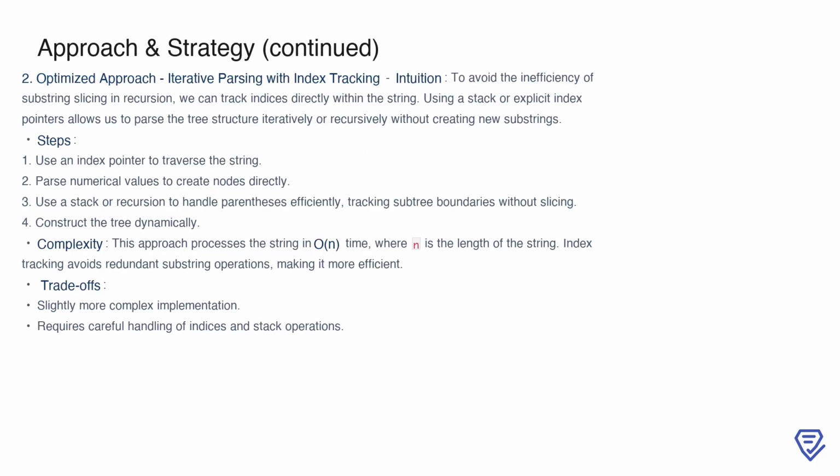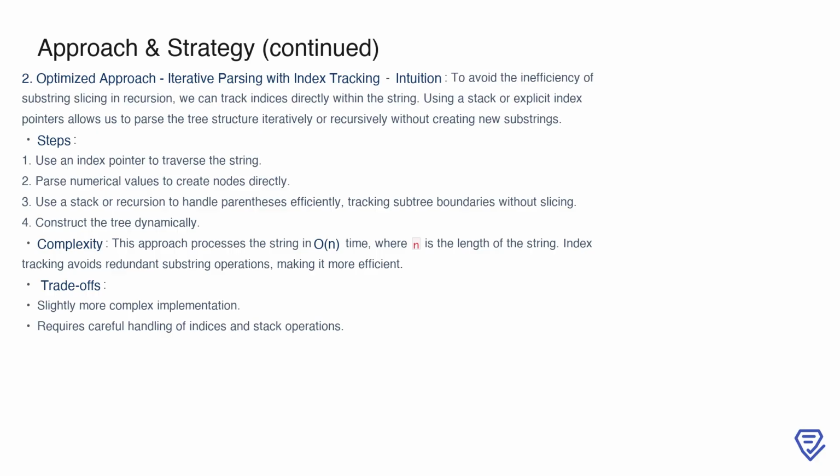An optimized approach addresses the inefficiencies of the brute force method, particularly the issue of substring slicing, by using index tracking. Instead of creating new substrings during recursion, we maintain an index pointer that allows us to parse the string directly. This approach can be implemented either iteratively or recursively.